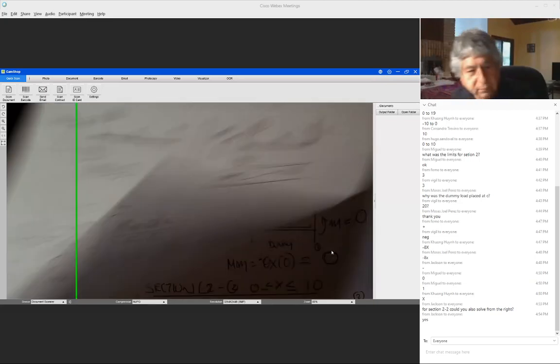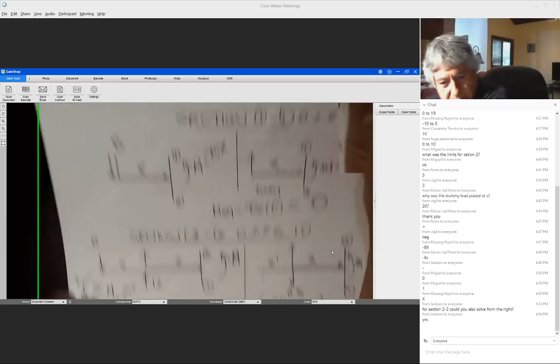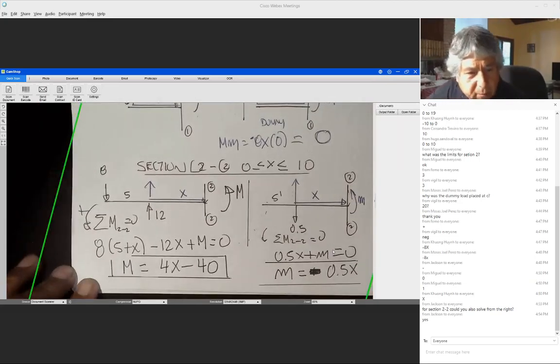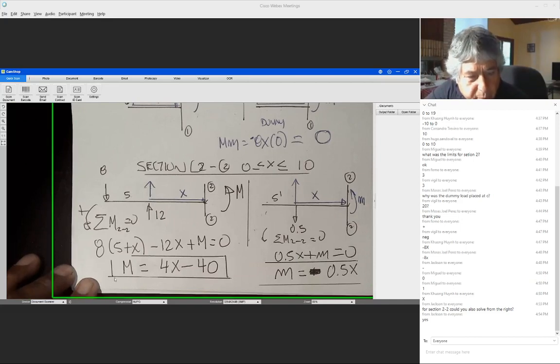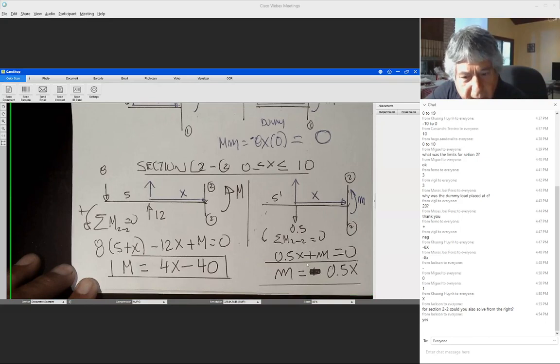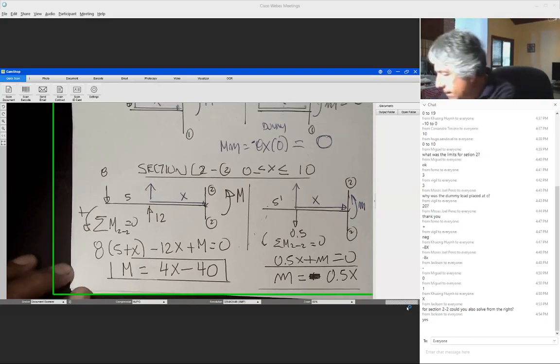One more time, this is what I found in the previous page. Remember, M due to the given load, M due to the dummy load.